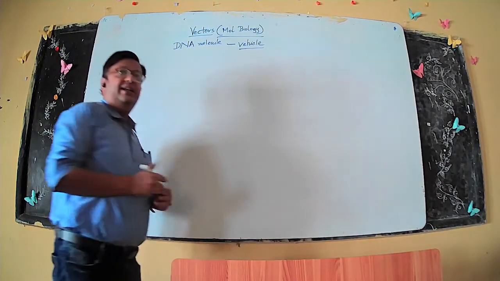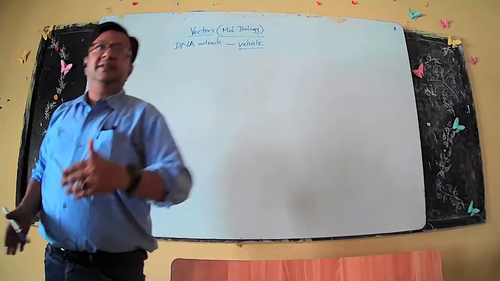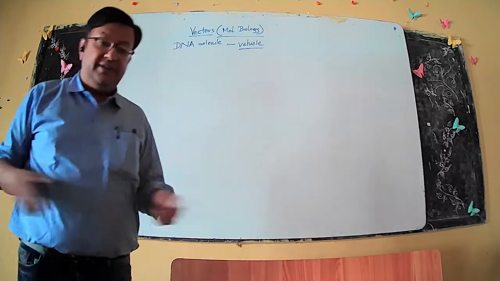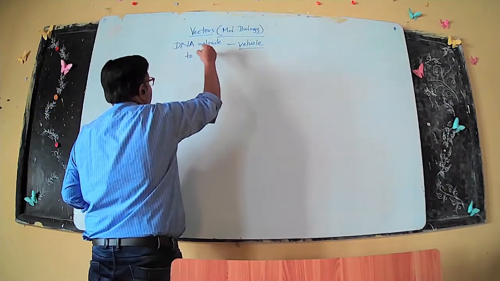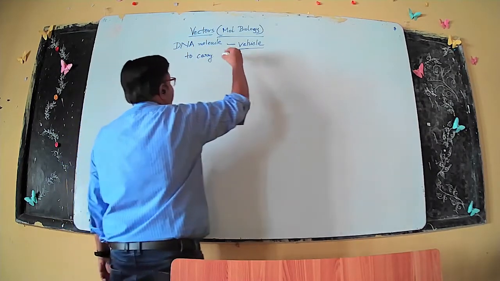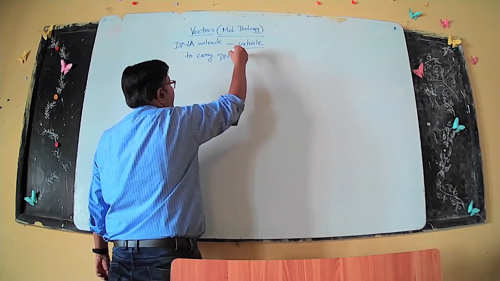A vehicle is a car to transport from one side to another place. This is used as a vehicle to carry a DNA segment.